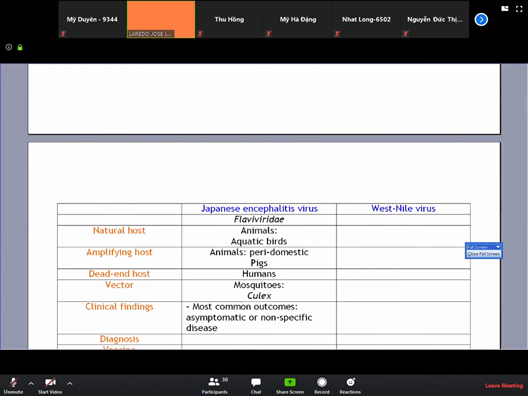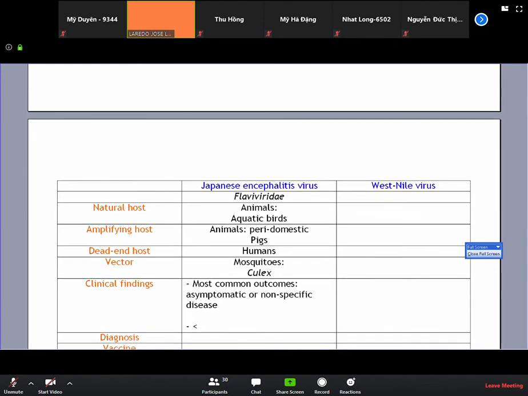These are the most common outcomes. However, in less than 1% of people, they will suffer severe disease, severe central nervous system disease, so encephalitis. Less than 1%, so not many.